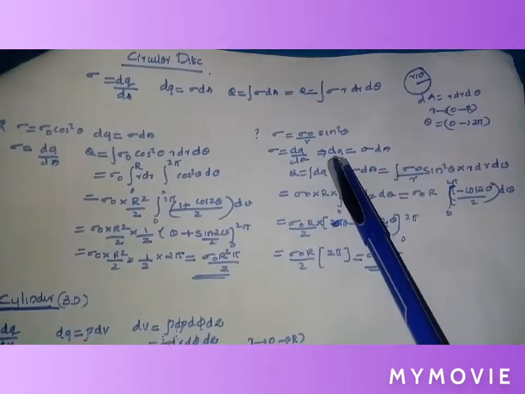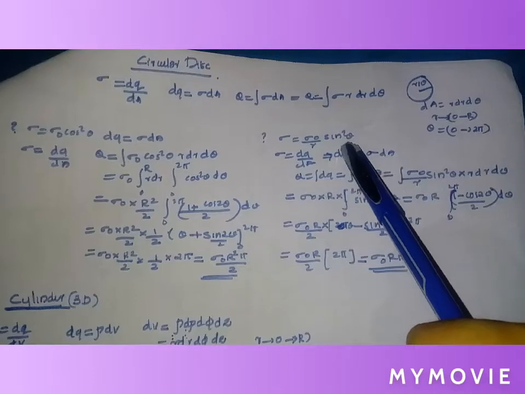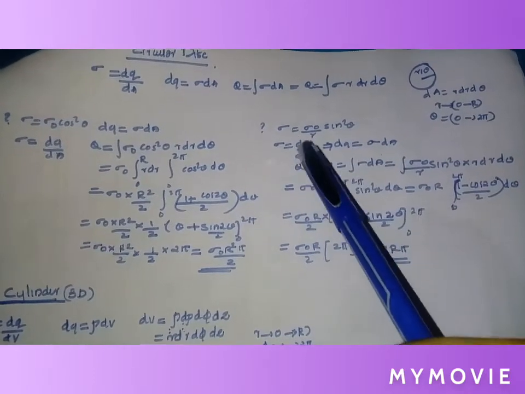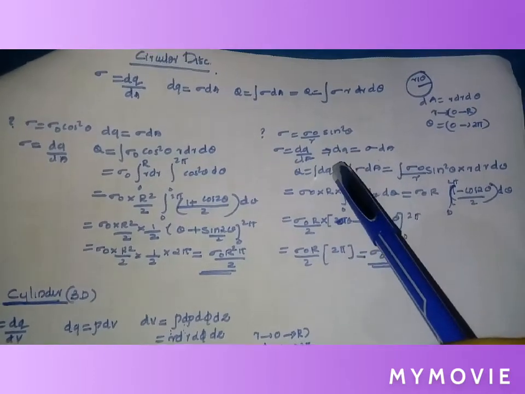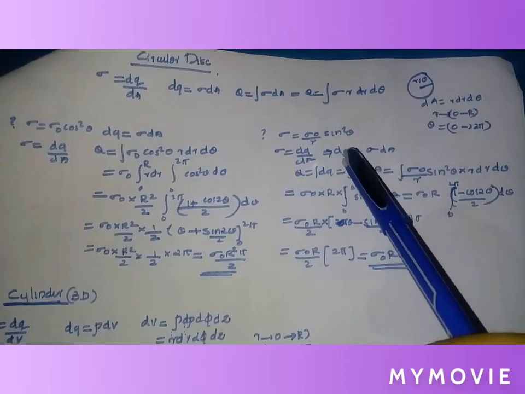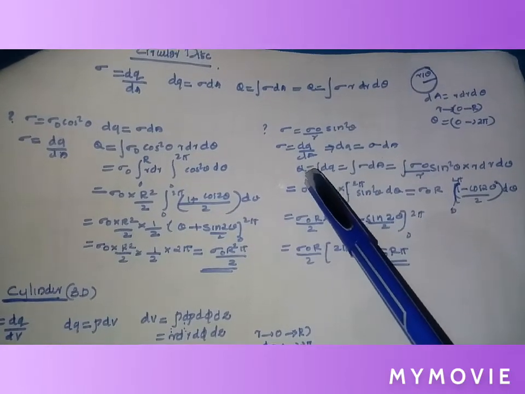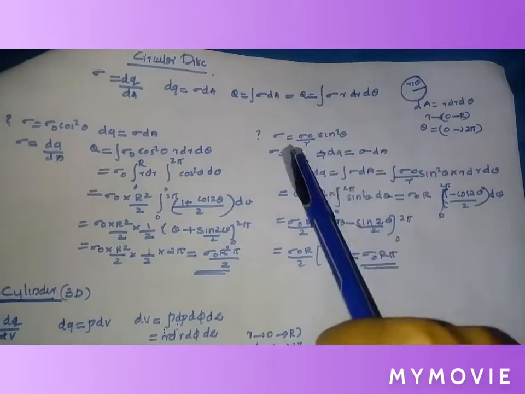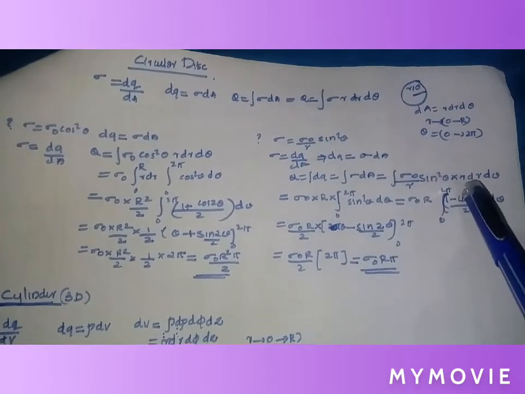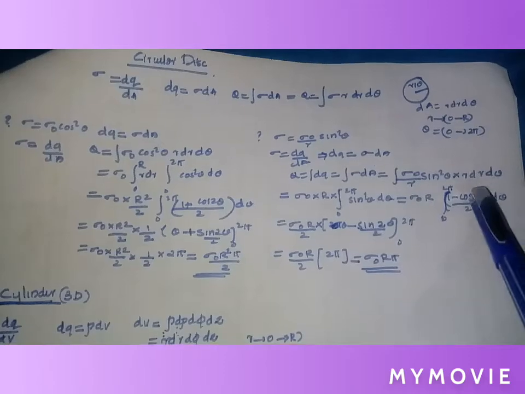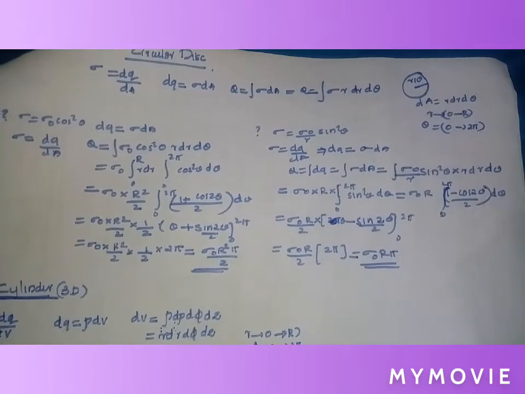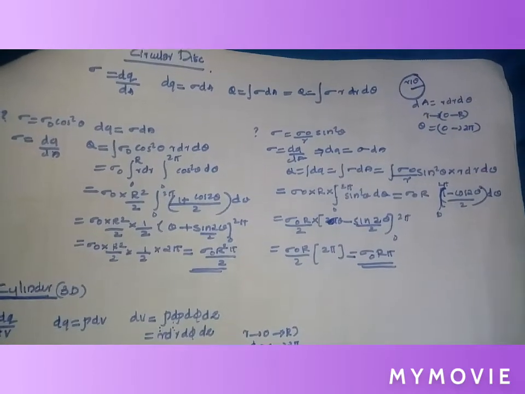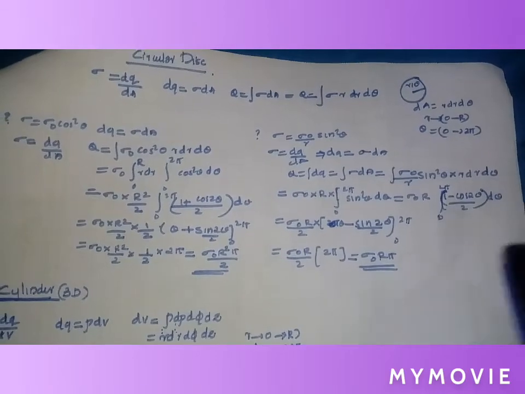Next question, sigma is equal to sigma 0 divided by r sin square theta. So we know that sigma is equal to dq by dA, so dq is equal to sigma dA, and capital Q is equal to integral dq, integral sigma dA. Here sigma is sigma 0 divided by r sin square theta, and the area changes as r dr d theta. We separate r and theta variables and integrate separately.